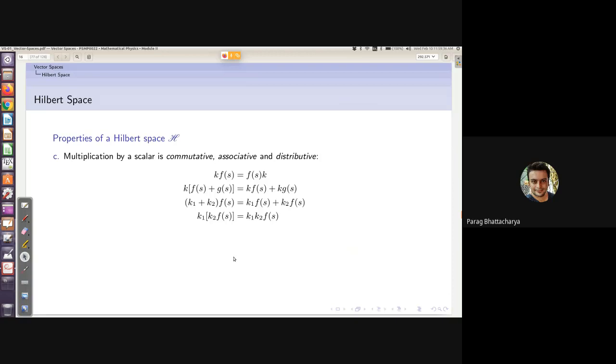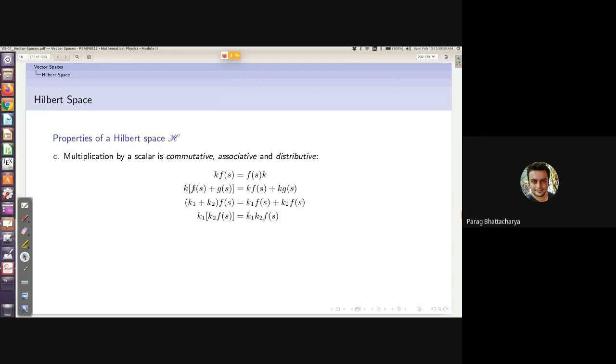Next, multiplication by a scalar is commutative and associative. If I have some constant k, then I can multiply this constant to this vector. Whether you pre-multiply or post-multiply, the result is going to be the same.